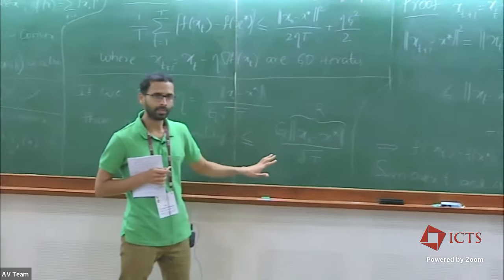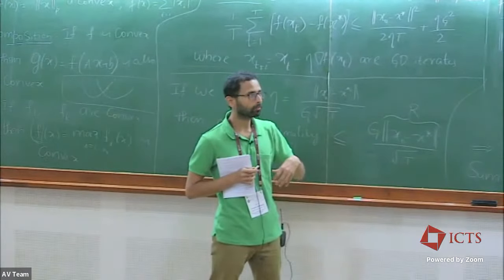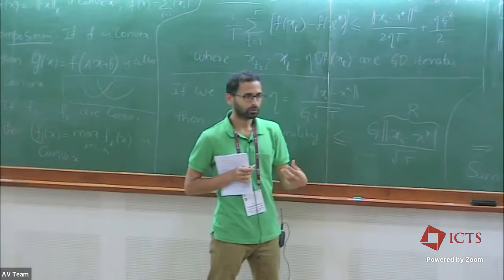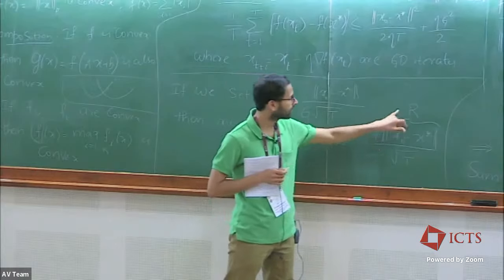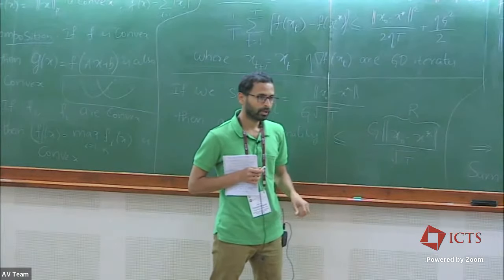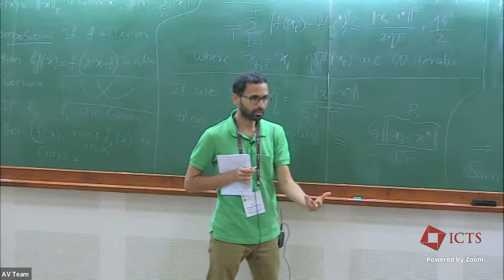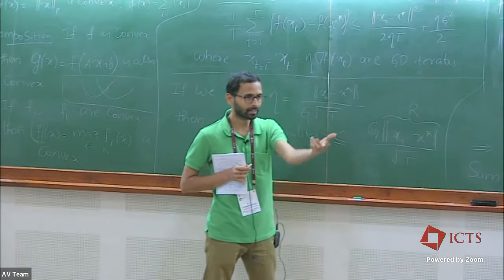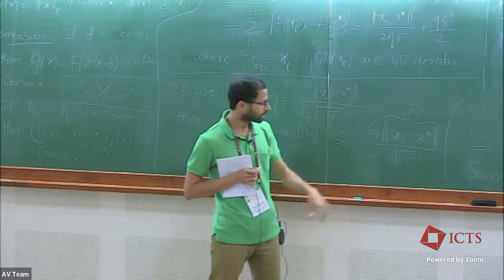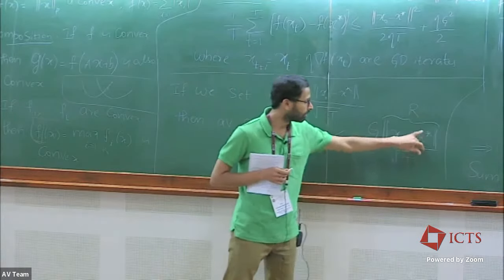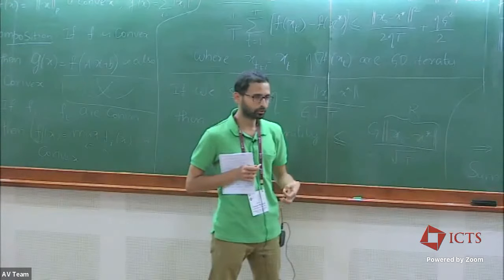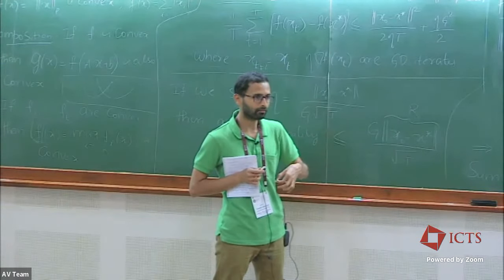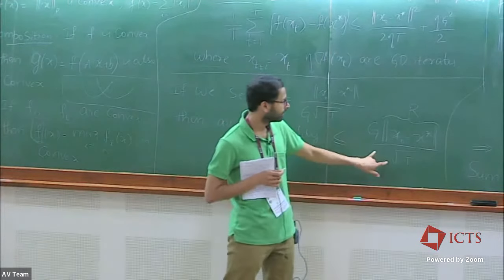So in order to construct a lower bound, the paradigm is the following: you can give me any arbitrary choice of G, R, and T, and then I'll give you a problem that I construct. And then I'll be able to show that no matter what algorithm you use, after T steps, the value of the point that this algorithm gives on the function that I constructed is no better than this quantity.